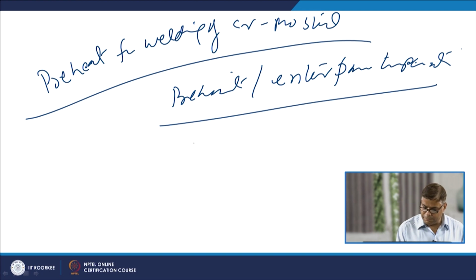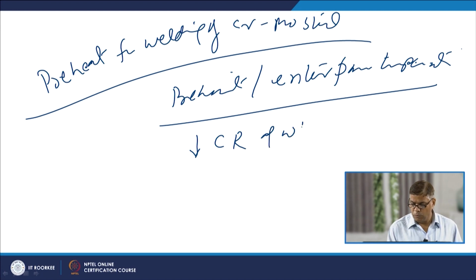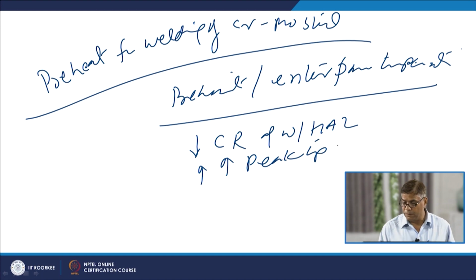Whenever preheat is applied, it will lower the cooling rate of the weld as well as the heat affected zone. This is one thing. At the same time, it will increase the peak temperature being experienced by a particular location in the vicinity of the fusion boundary.